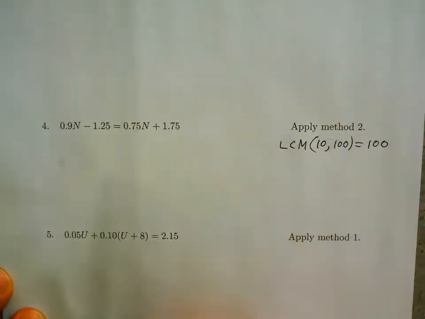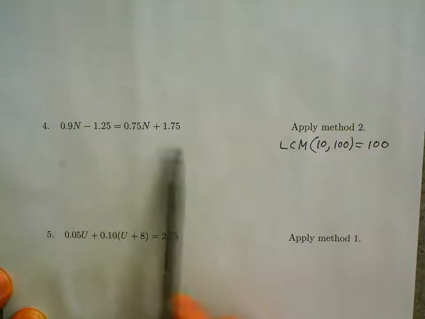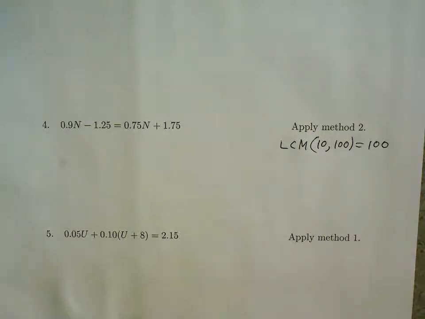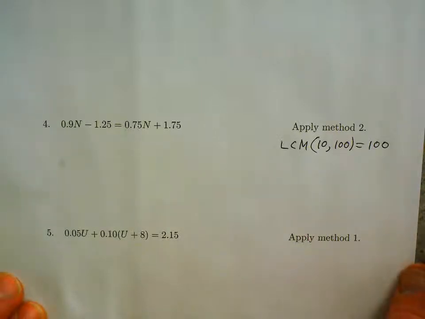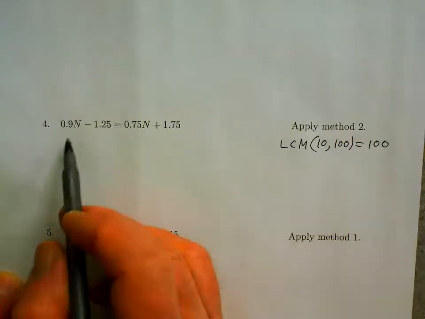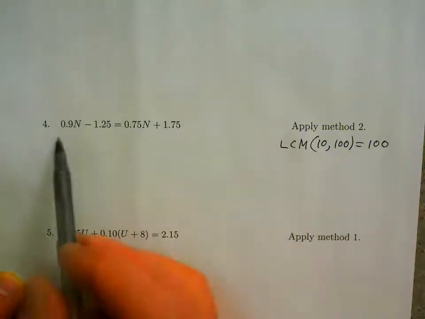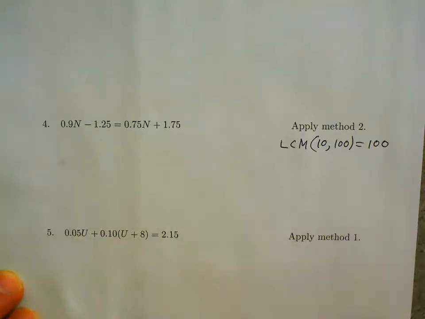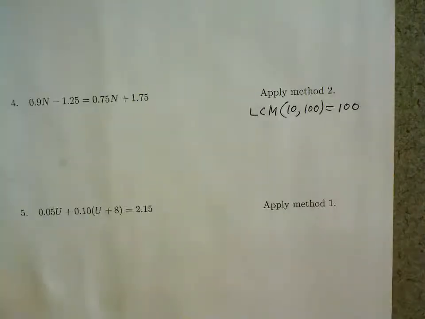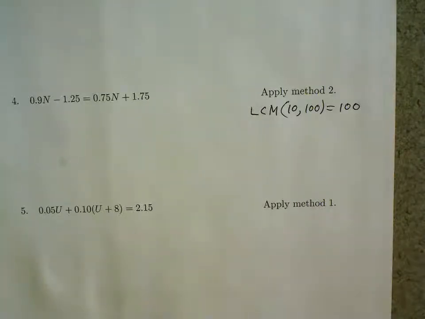So if we multiply every term on both sides by 100, we'll get rid of the decimals. You just have to make sure you're careful with the arithmetic. But whenever you multiply a decimal number by 100, the product will have the decimal moved 2 places to the right.